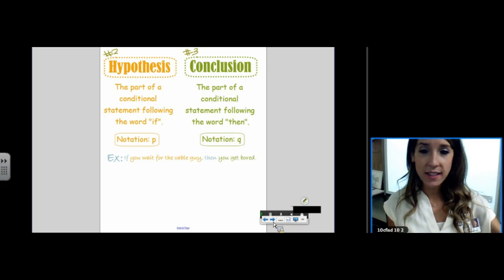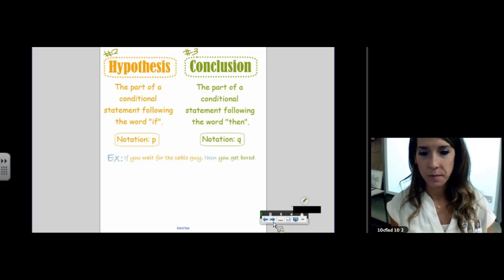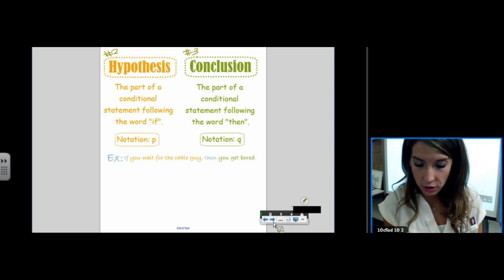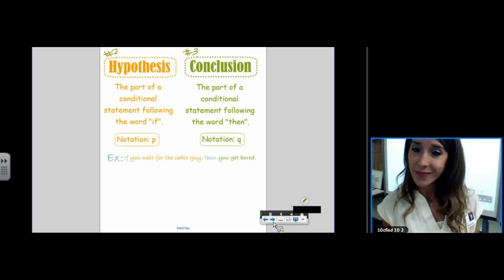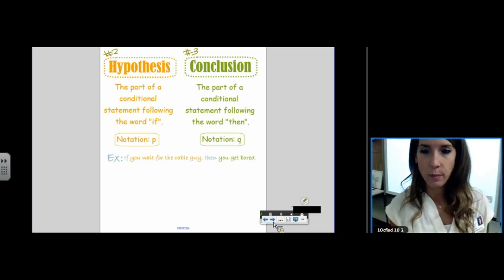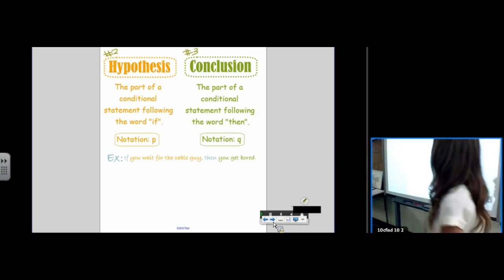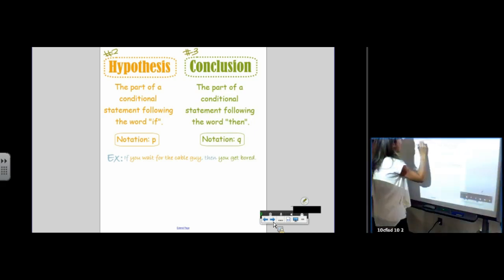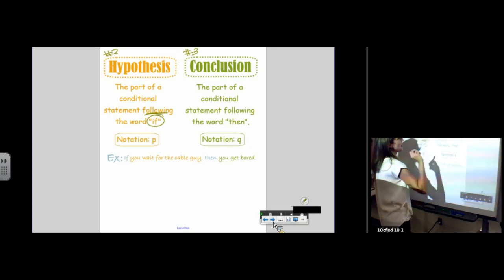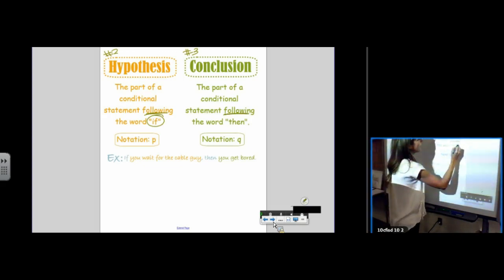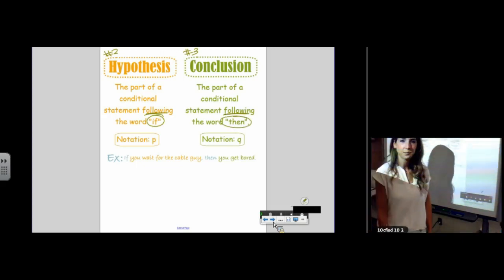The hypothesis is called P, and the conclusion is called Q. So for number 2 in notation, you put P, and number 3 in notation, you put Q. The hypothesis is the part after the word if, and the conclusion is the part after the word then.